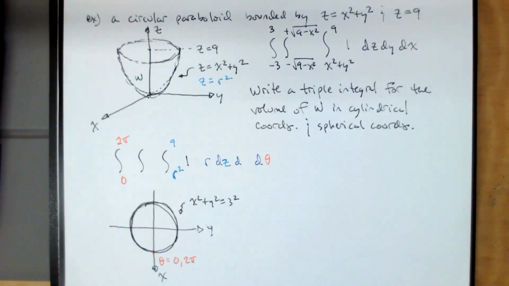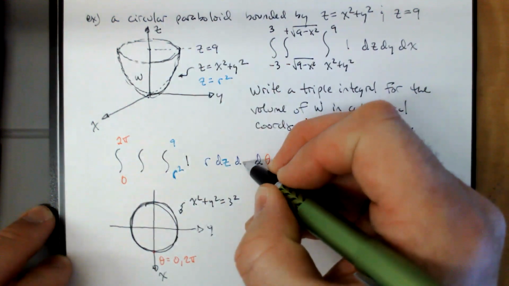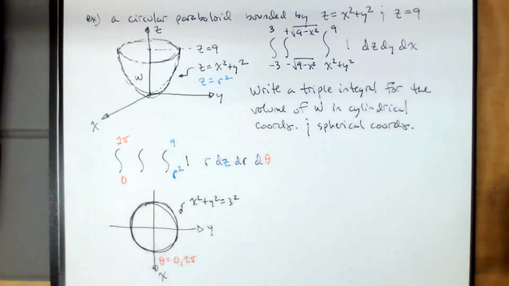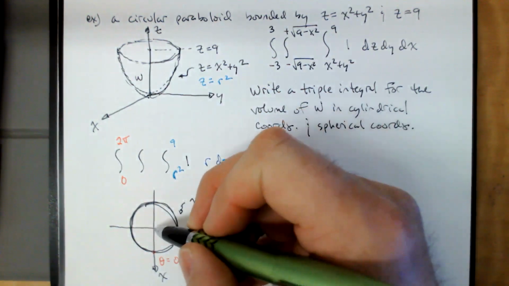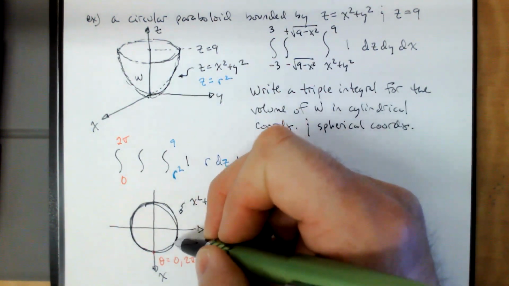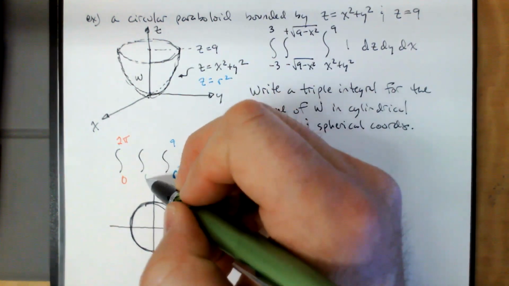I replace x squared plus y squared with r squared to get the cylindrical coordinates. The last thing we need to do is figure out what values of r are going to be in play. And since I want all the parts of the solid from the center all the way out, r is going to start off at 0 and go out to a maximum of 3.